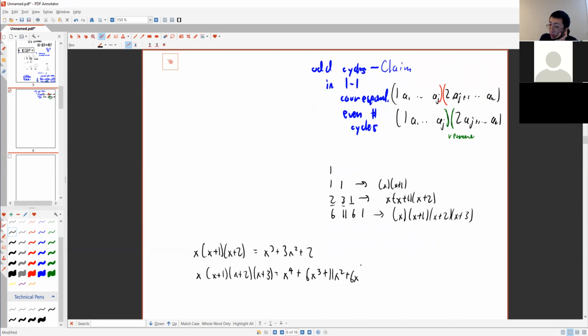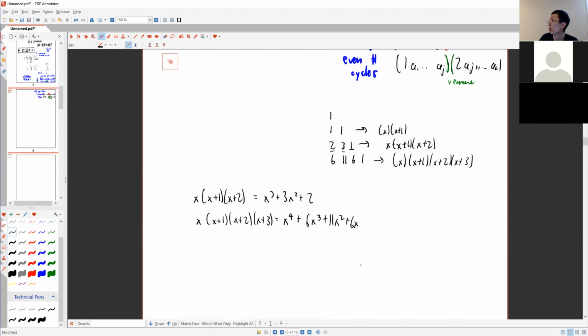So we can see that in general, the rising factorial is, let's see, I think something like that.